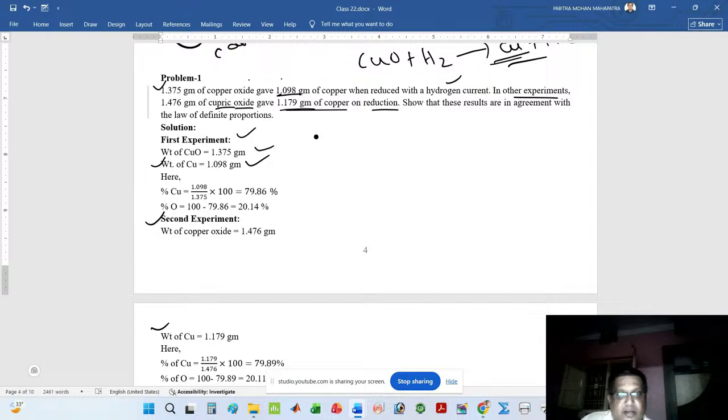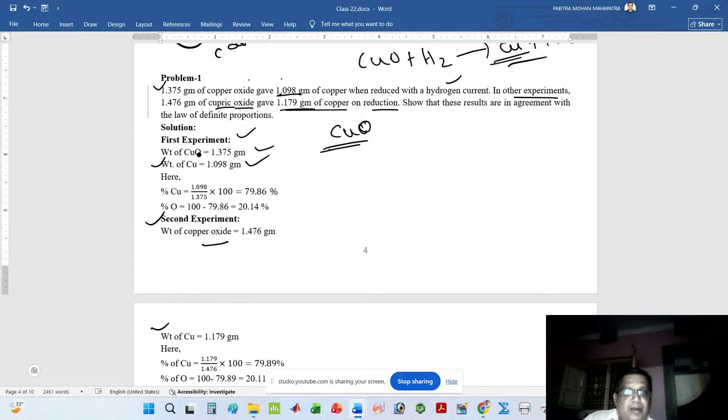Look at that. If you want to think about the decomposition of copper oxide, think about the copper oxide in the first experiment, and also in the second experiment. Here, the weights are different.